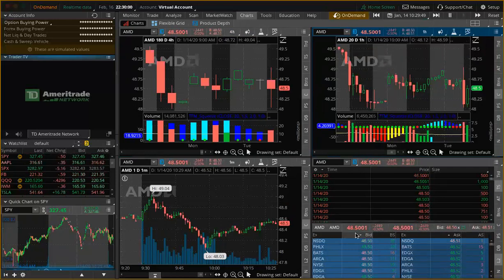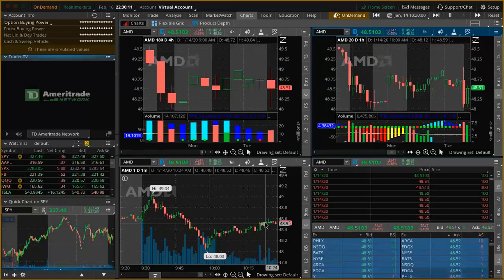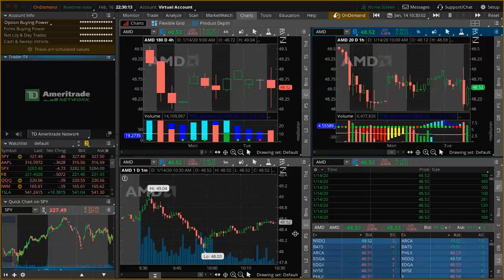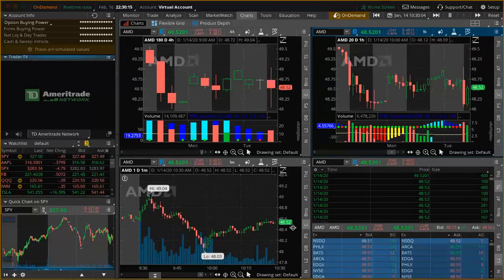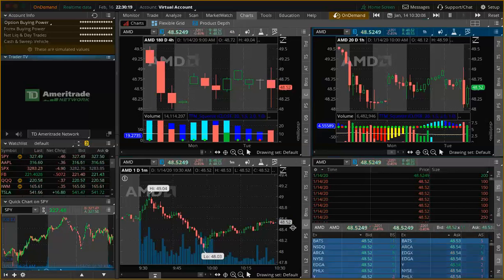Really fighting this 48.50 level, really holding right there. That's what you want to see. You're reading tape. It's a good opportunity to catch a bounce. It's not my go-to, not my favorite strategy, but in this bull market, I've noticed that it pays to wait and it pays to buy the dip.